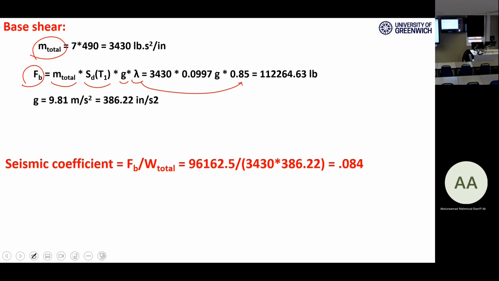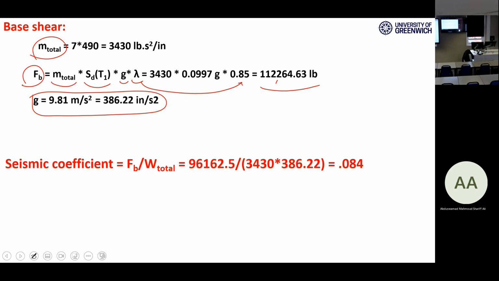If I put G in terms of inch over square second, in this case, or if you're working with SI units, you can put it 9.81 meter over square second, I will get 112,000 pounds as the seismic load on the structure.